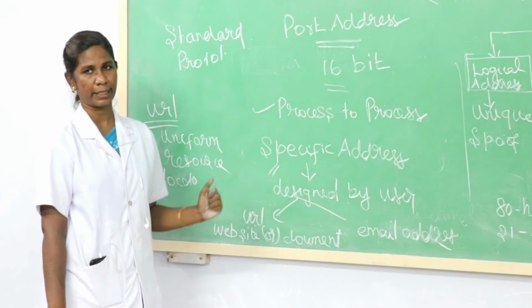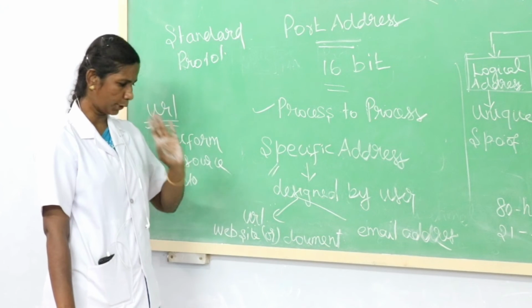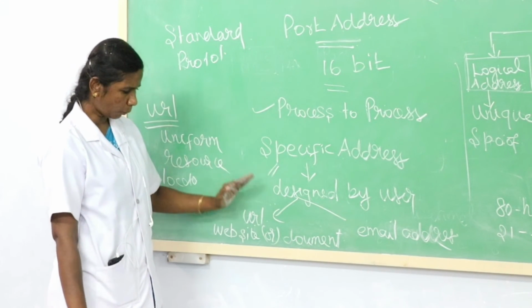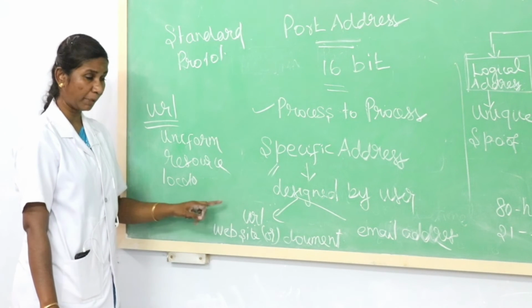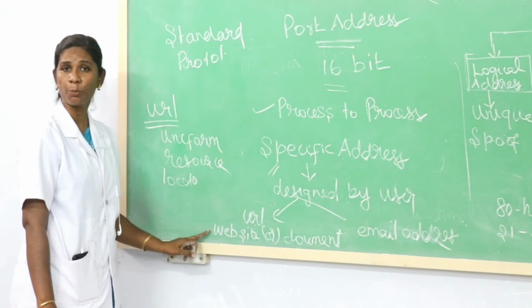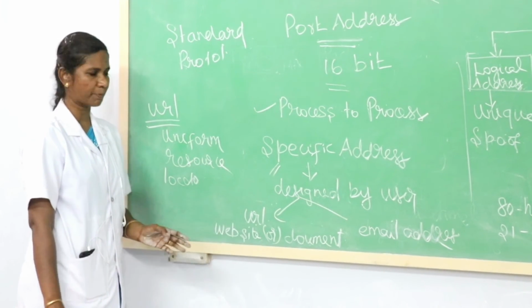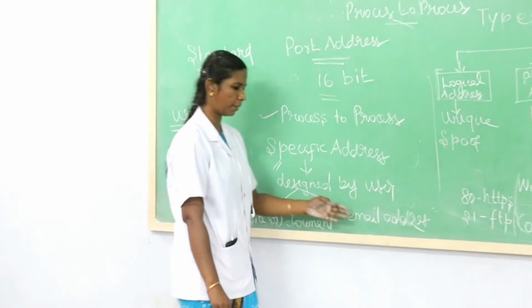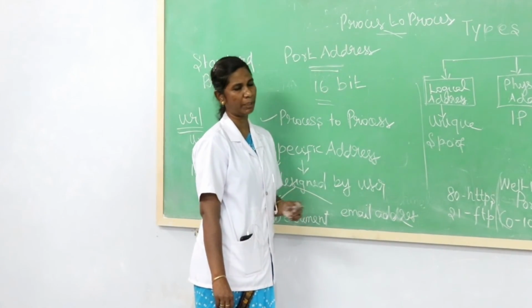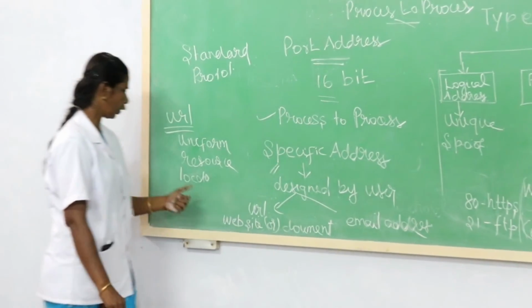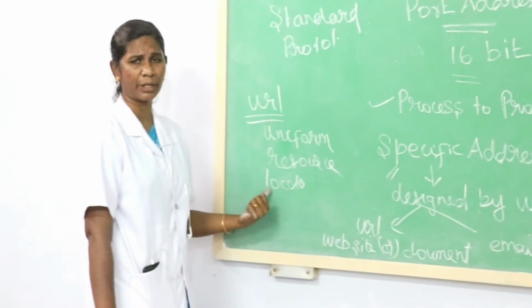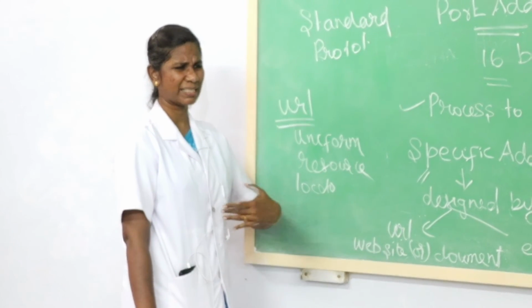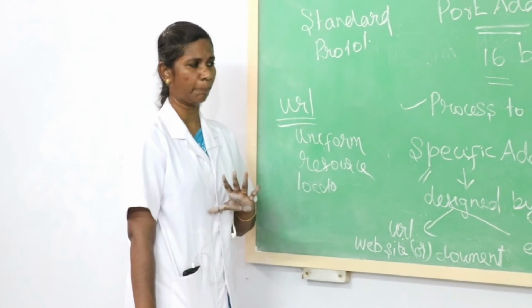It is designed by the users only. There are 2 types. One is the URL, meaning to access a website, document or other website things, and then the email address, which we are all well familiar with. The URL, we know well, is the uniform resource locator, which can be of several types depending upon the importance.